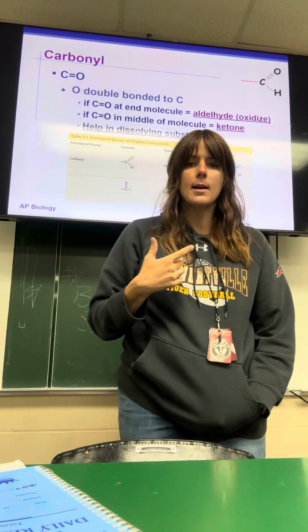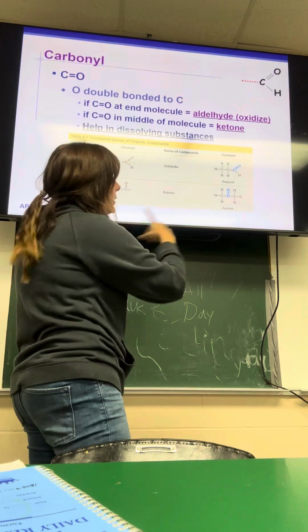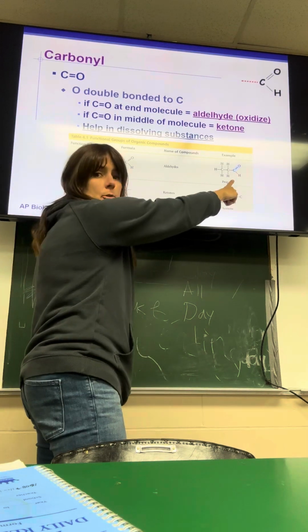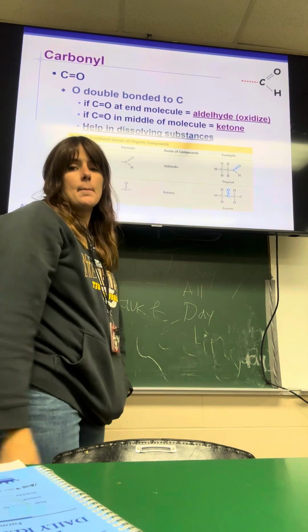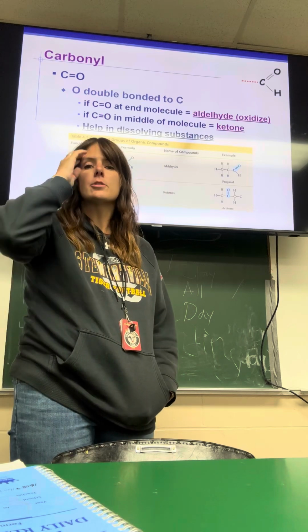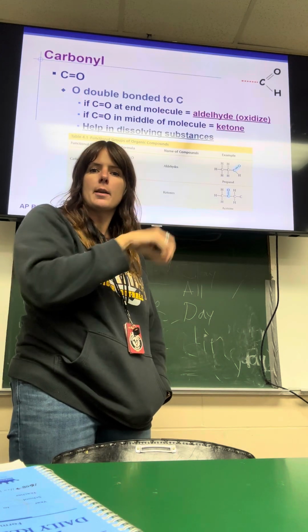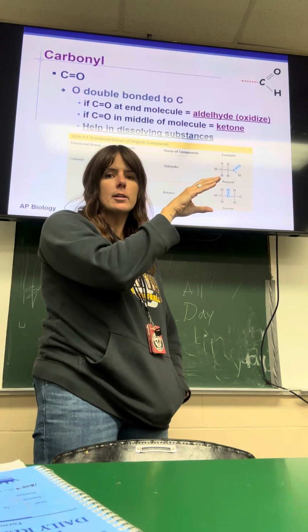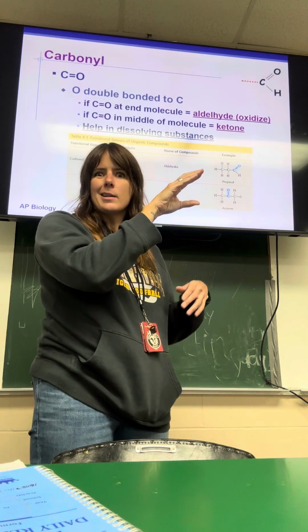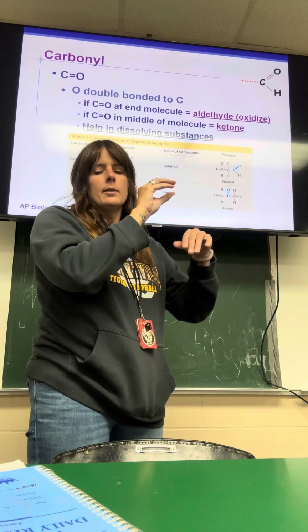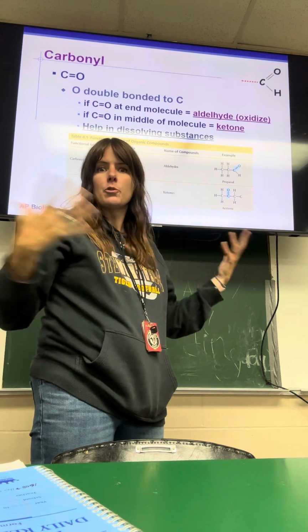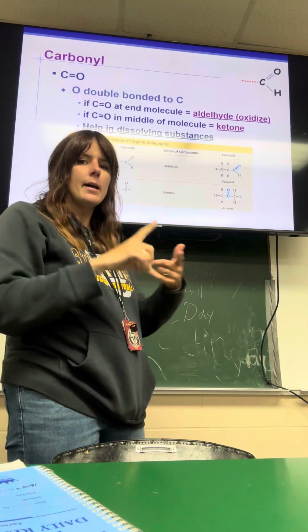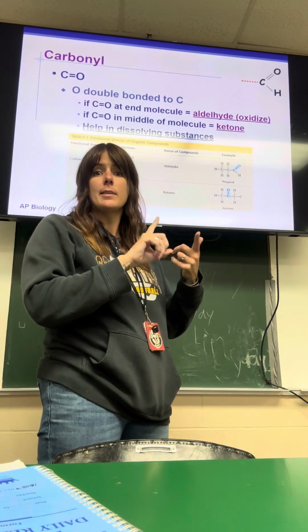When we're oxidizing, that means it's at the end. We can see this in the top structure up here. We have this carbonyl group with a double bonded oxygen attached, and when we're oxidizing, we need air to go through, and it has to be on the end of something, like for rust to form. Aldehydes oxidize, they're at the end.